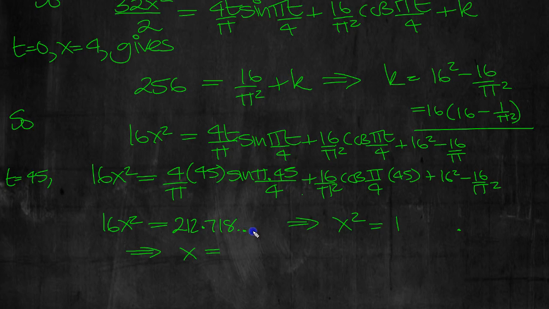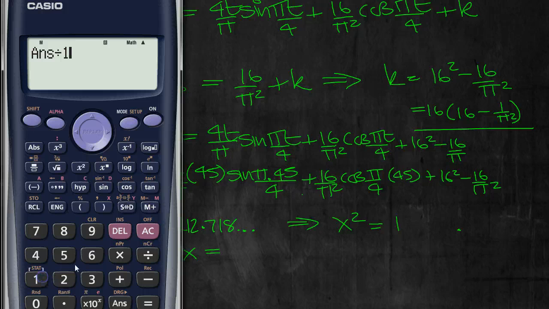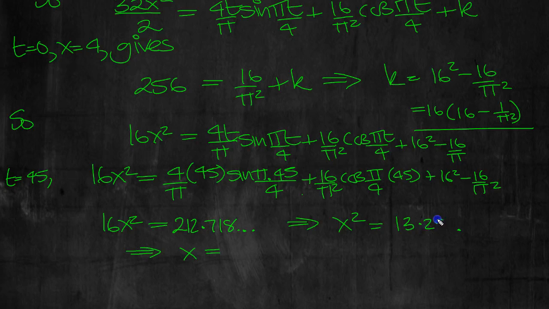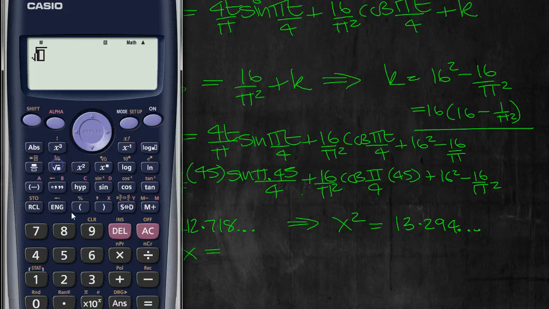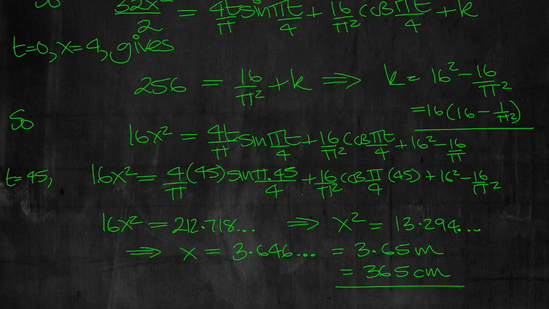Divide that by 16: 13.294. And now we square root that and we'll get the final answer. Square root: 3.646, which is equal to 3.65 meters and 365 centimeters, because that's the answer to the nearest centimeter, isn't it?